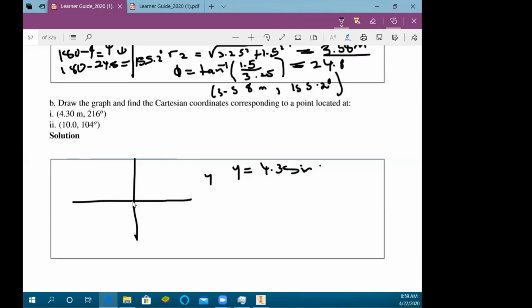Should be here, right? Yes. Okay, great. So this is your y and this is your x. Yes. So 4.3 sine, you can just use the same angle.